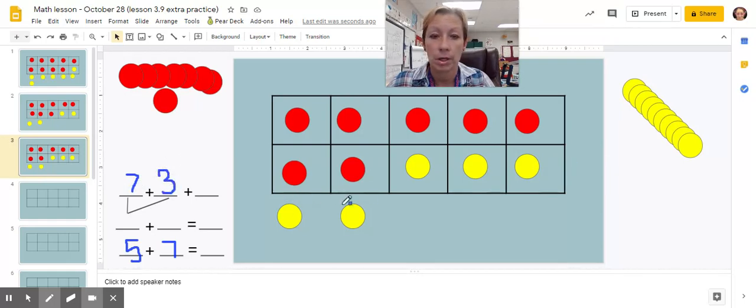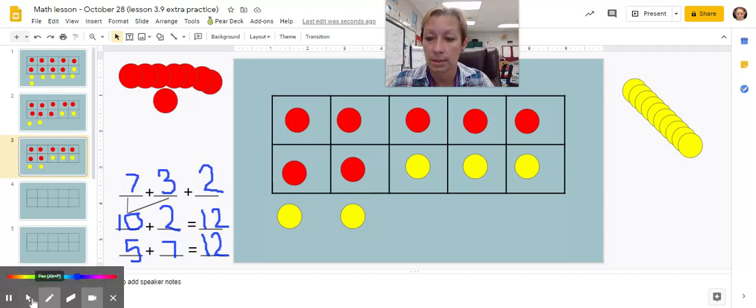And how many are left under? 2. 7 and 3 is where you made your 10. And don't forget about that 2. Now when you're adding, make that 0 disappear. And you get 12. So 5 plus 7 is 12. All right, good work. Let's keep going.